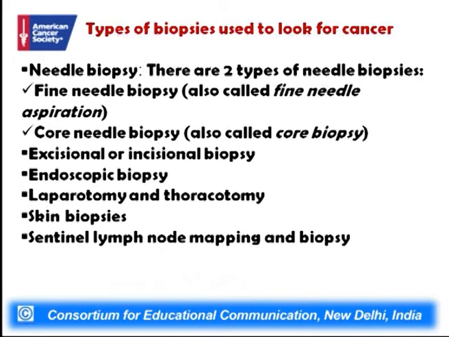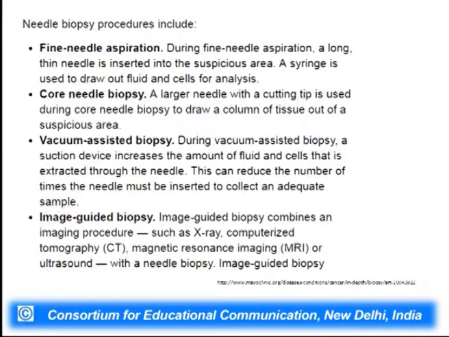The second type of biopsy is the excisional or incisional biopsy. Then the third type is the endoscopic biopsy. Then comes the laparotomy and thoracotomy. Then the skin biopsies. Then there are sentinel lymph node mapping and biopsy. All these are the various types of biopsies which are done according to the cancer type which has been detected. We will go into the details of all these biopsies one by one.